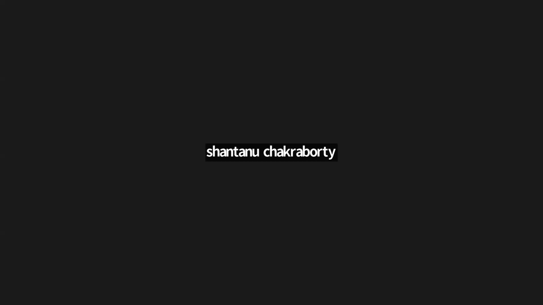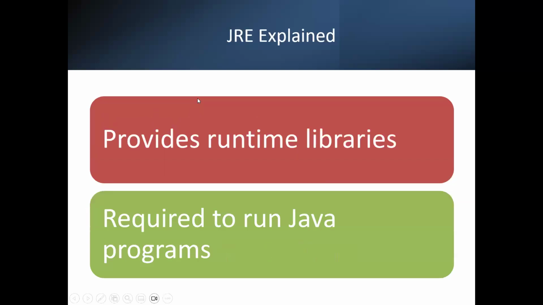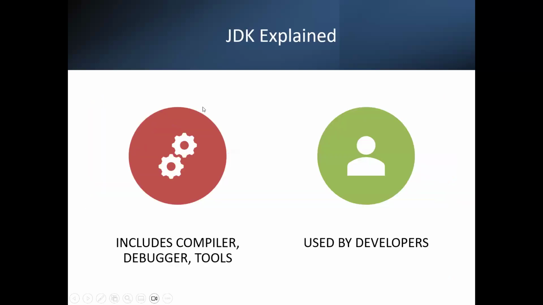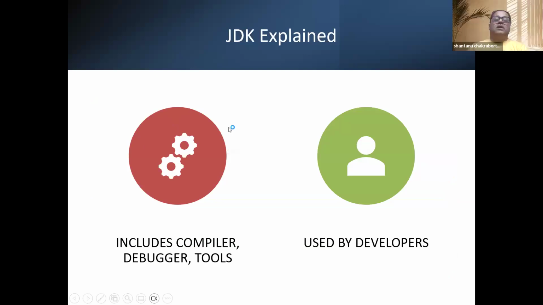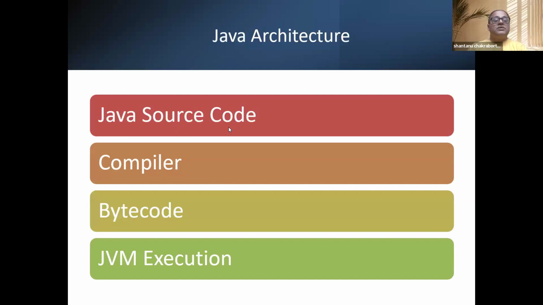Now we'll go into a little bit of theoretical aspects, what we have done practically, to understand and correlate it. So I'll share the PPT. So basically we have been doing the compilation and the coding of the Java program, but it all starts here, that is our JDK installation, Java source code, compiler, and bytecode, which has the JVM or the Java Virtual Machine.